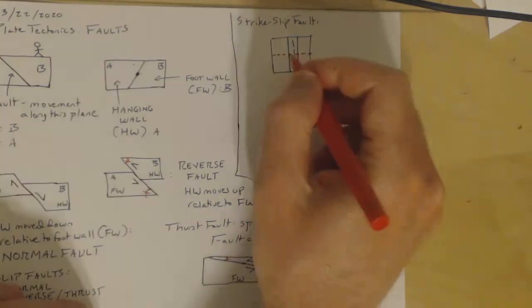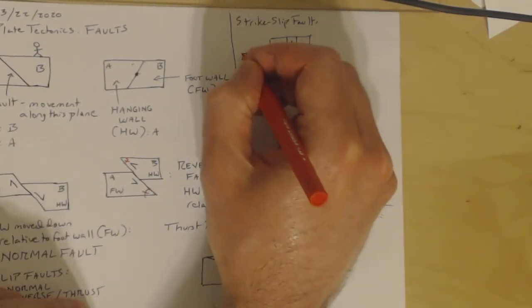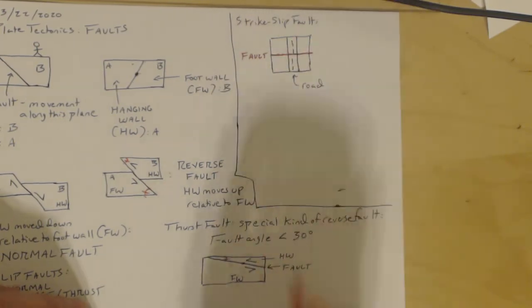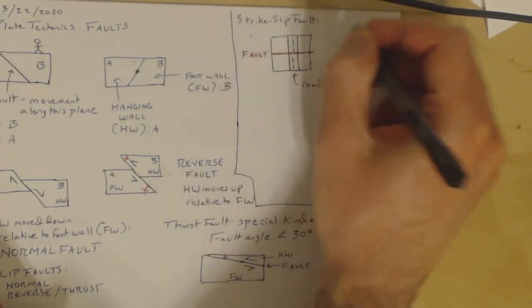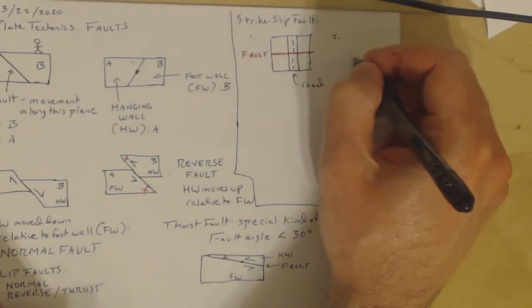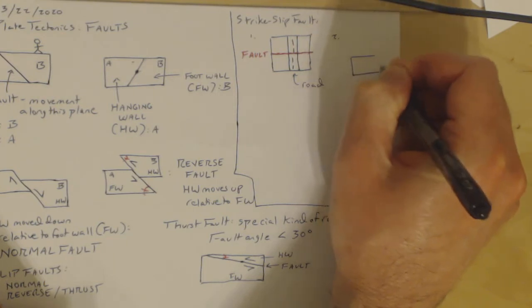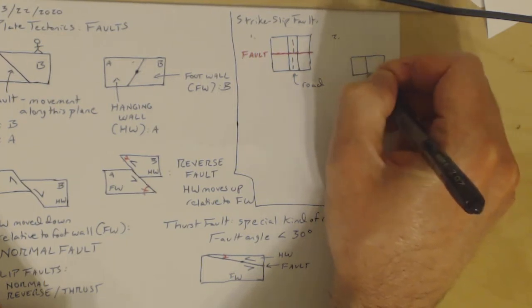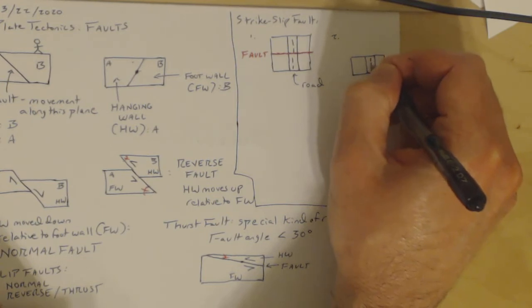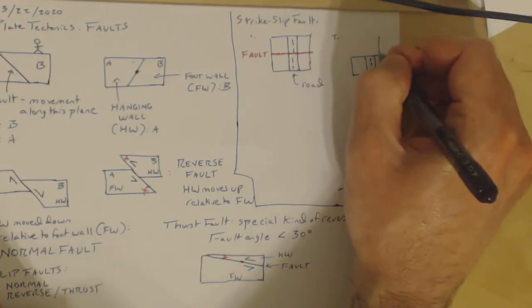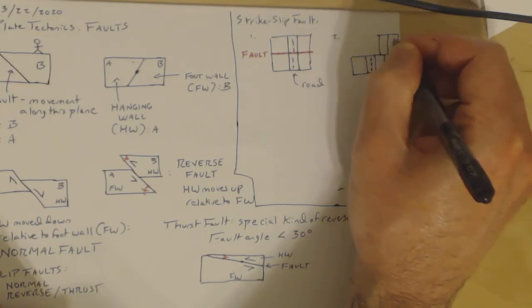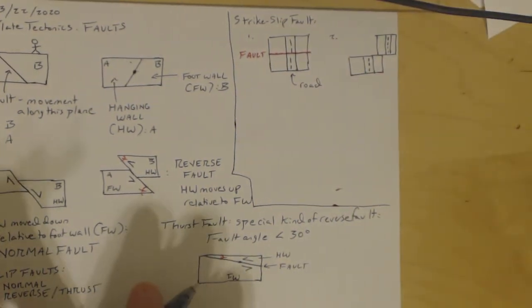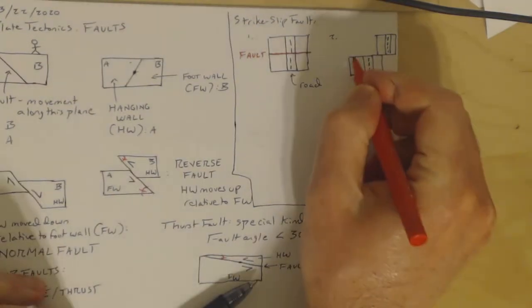And let's say there is a fault that comes through here and is going to sort of split this road in two. So this is the before and this is the after picture. Here is the bottom half of the road, and here is the top half. And here is the fault.